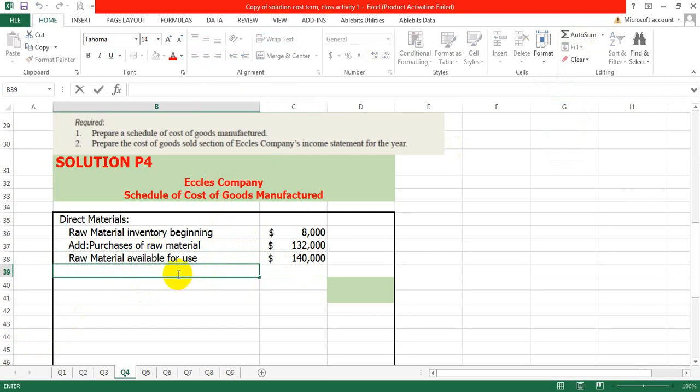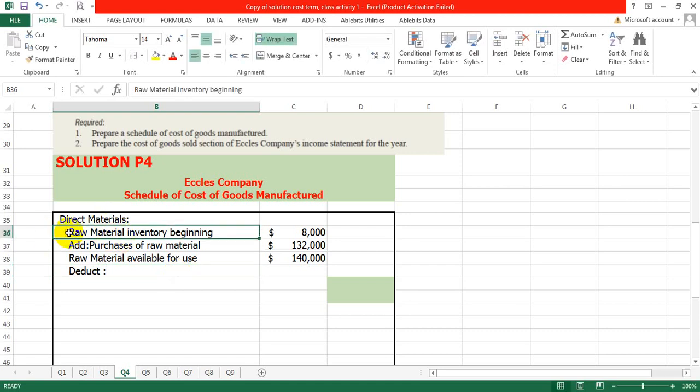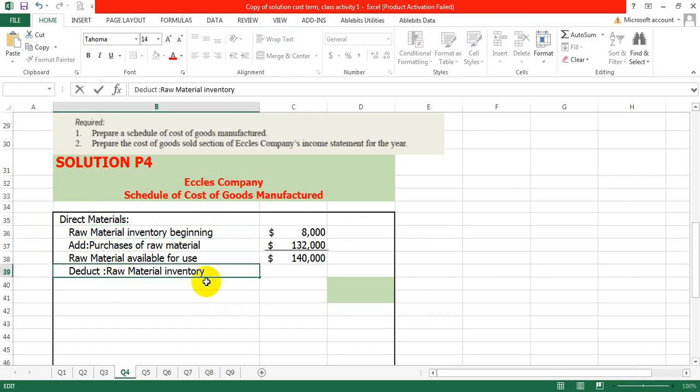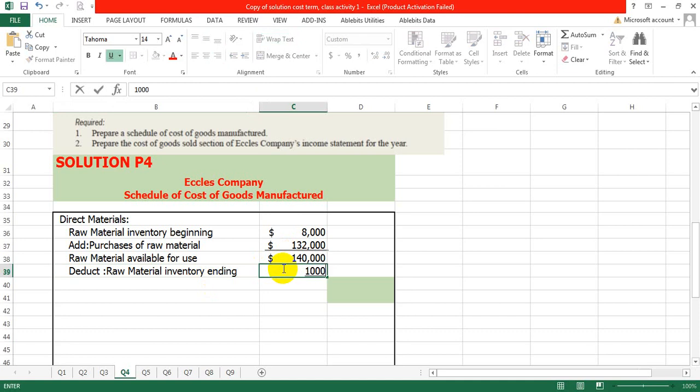Next is deduct. What will we deduct? Deduct raw material inventory ending. Raw material inventory ending is 10,000, right?